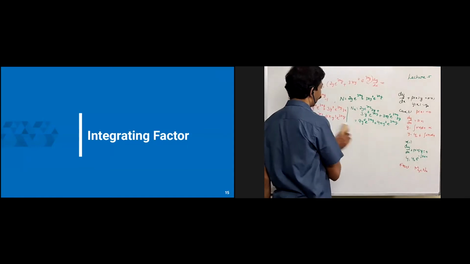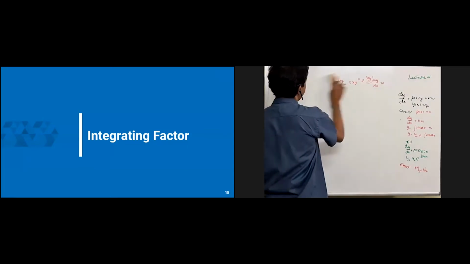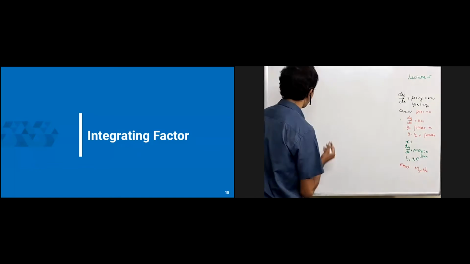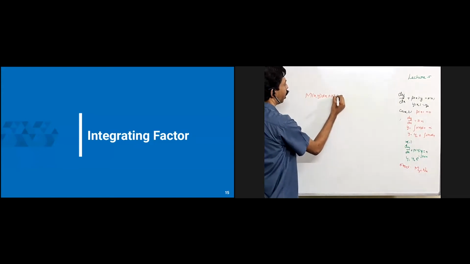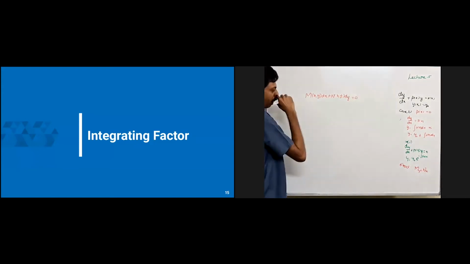Suppose you found a problem which is not exact. You don't have exactness over here. In that case, I can check whether, if I multiply by something, I will get exactness or not. So that we are going to see. Suppose I have M(x,y) dx + N(x,y) dy = 0, and suppose this is not exact.